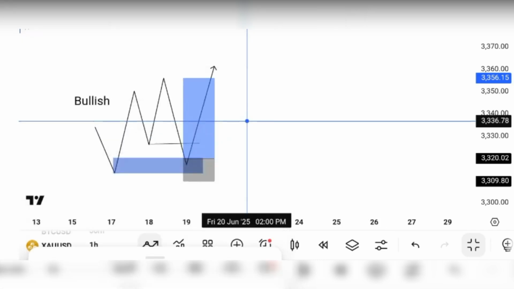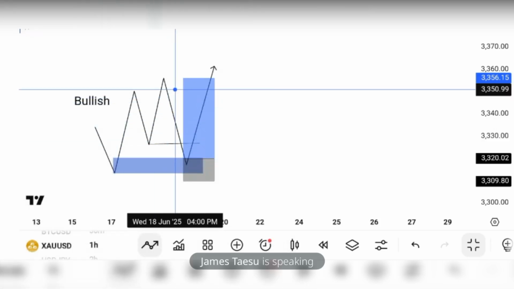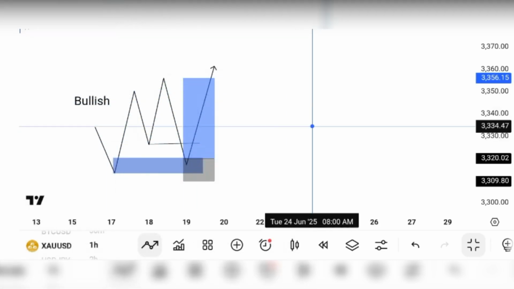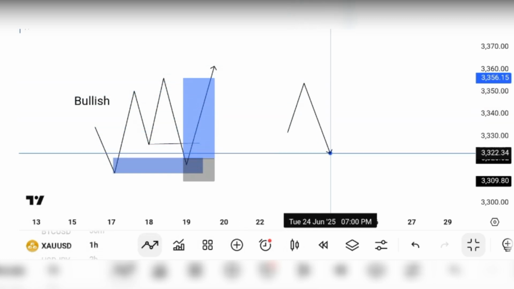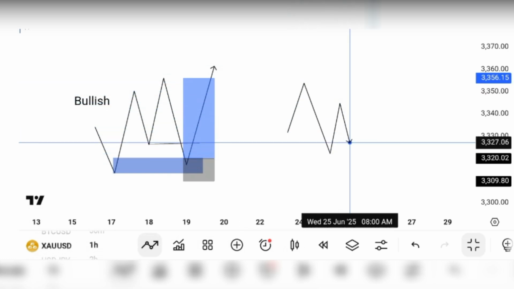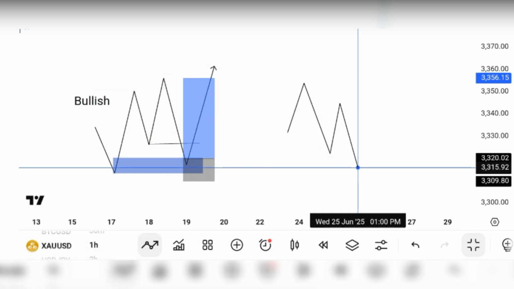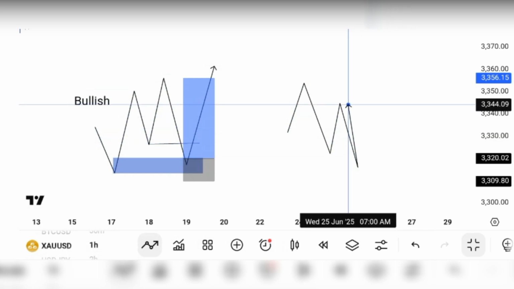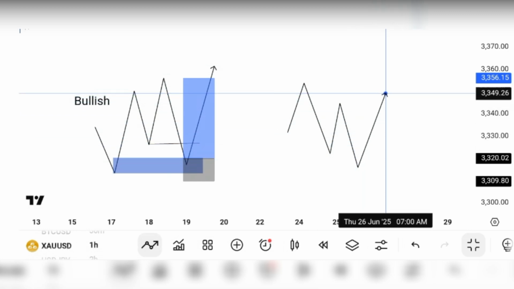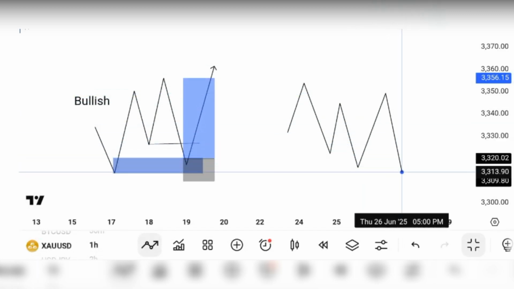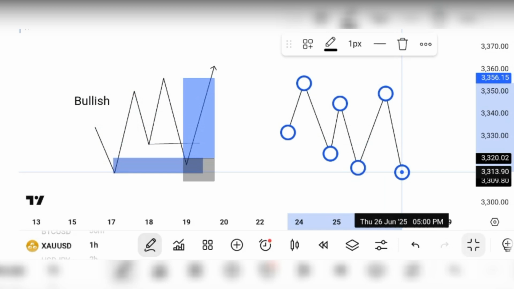So this is a bullish market, and then if you have a bearish market as well, you should have your structure, then you have your liquidity next to your order block. After that, price is going to come back, take out the entire liquidity, come to your order block or fair value gap, and then price is going to go in your direction.